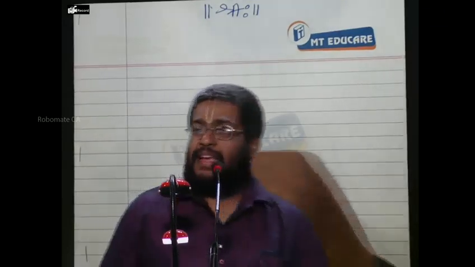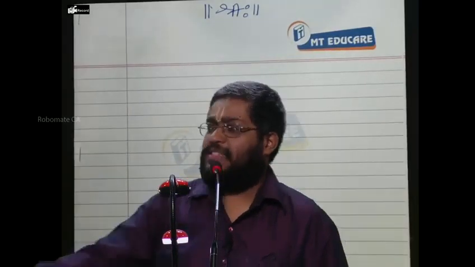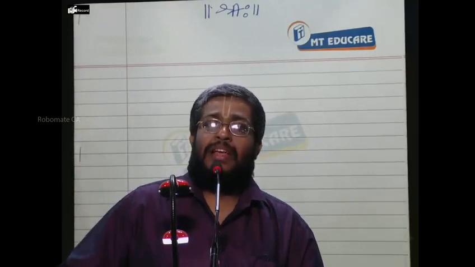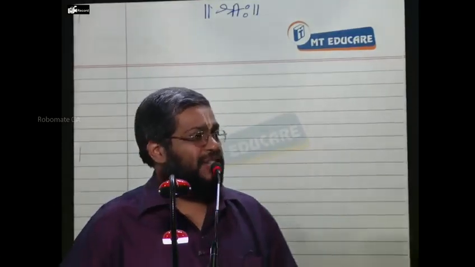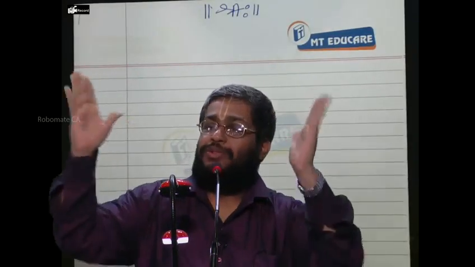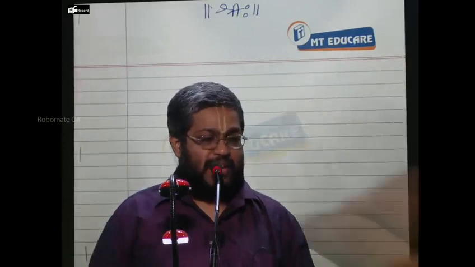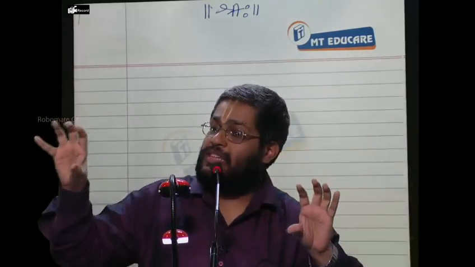Everybody yes or no? In case of treasury shares, the liability side issued capital will not get cancelled. It remains the same. Instead of cash, it will have the investment in treasury shares in the balance sheet. Everybody following? So if you see the company's issued capital, there are two parts: one is treasury shares, another is outstanding shares.